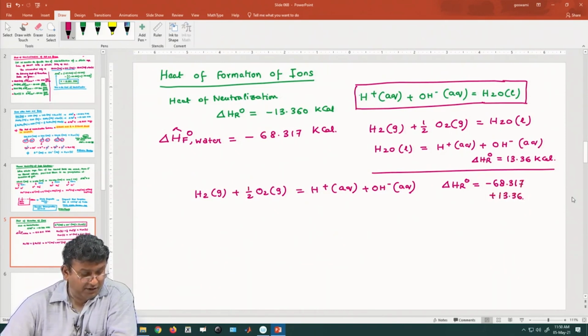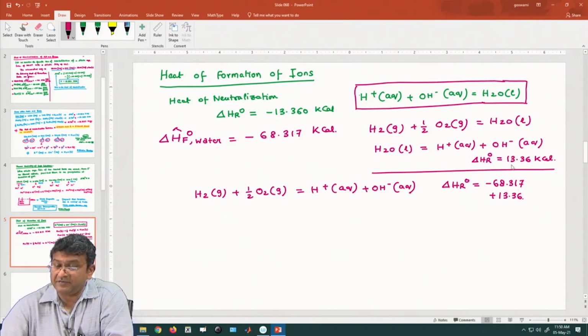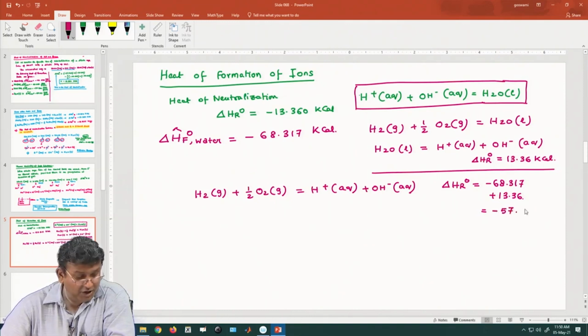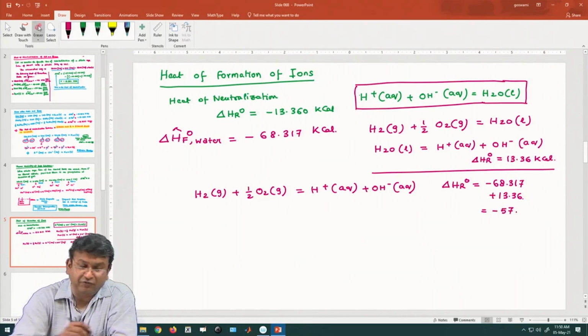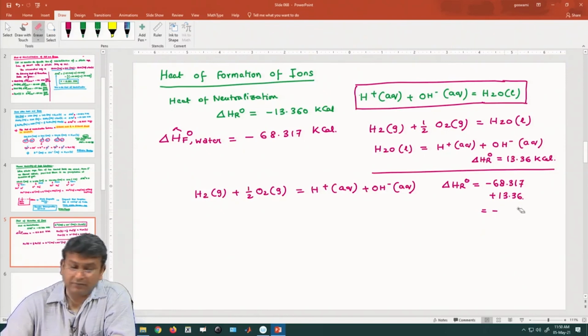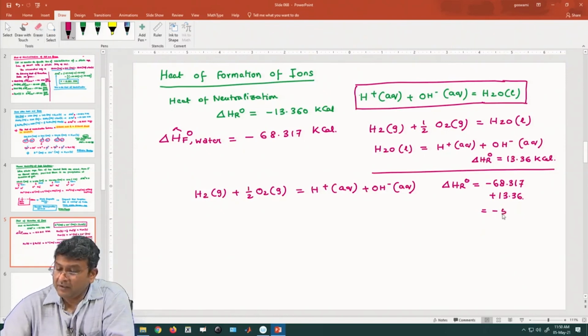Right. Obviously it is plus because it is minus of minus, and therefore it turns out to be minus 54.957 kilocalorie.